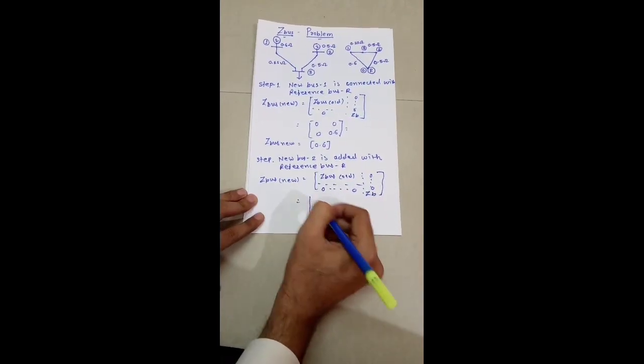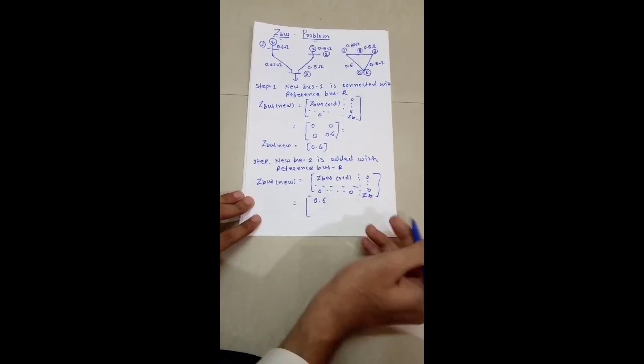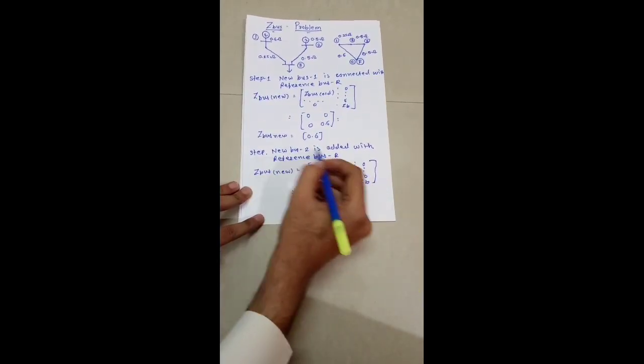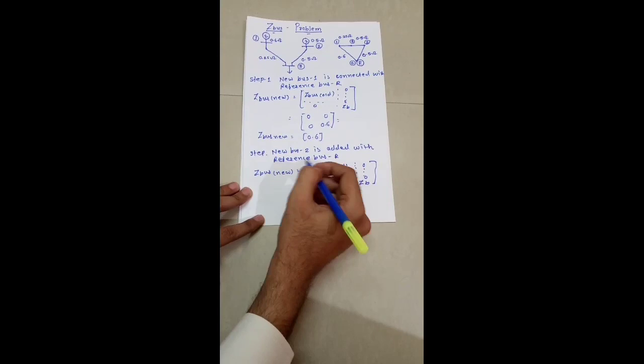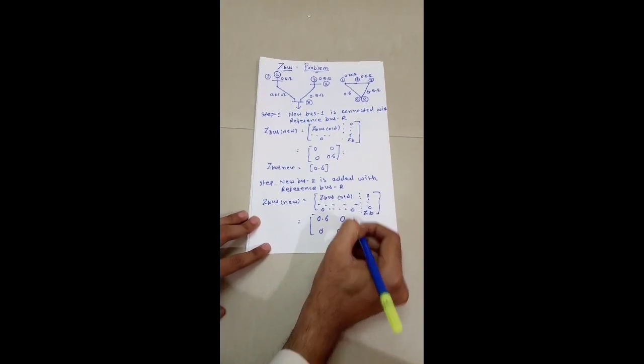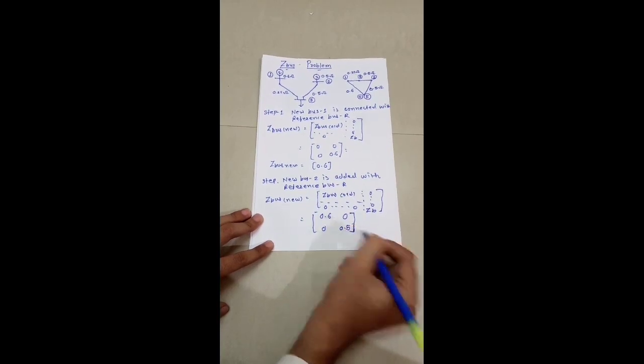Here Z bus old is equal to 0.6, and new bus 2 is connected with the reference bus and that line impedance is 0.5. So here we put 0.5.